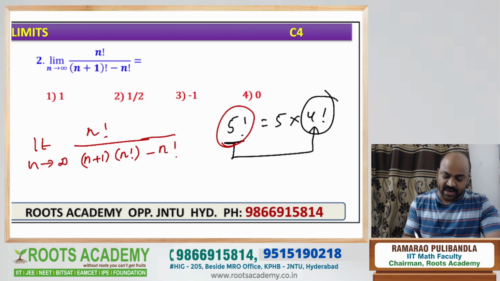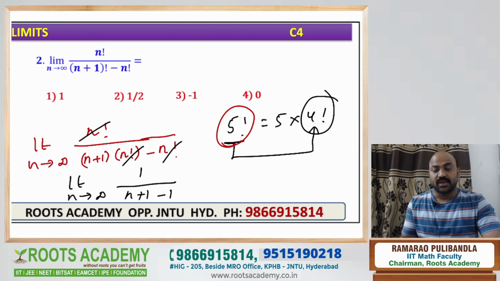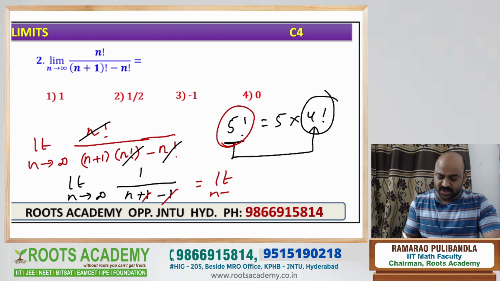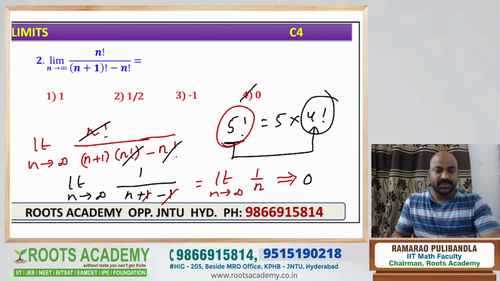Try to understand here, common things I am cutting. So this becomes limit n tends to infinity of 1 by (n plus 1 minus 1). Therefore, it will cancel like this, and I will get limit n tends to infinity of 1 by n. It is nothing but 0. So the answer for this beautiful question is 0.